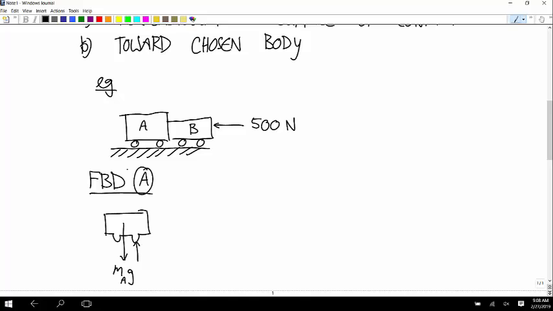So think, what's the surface of contact? It's the ground in this case, so it's perpendicular to that. That narrows it down to two possible directions, up or down. We want up because it's toward the chosen body, and our chosen body here is A. So we'll call this normal A. Remember, anytime you know the direction of a force, you represent it as an arrow and then a scalar variable associated with it.